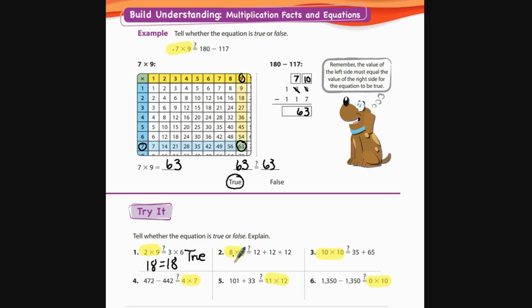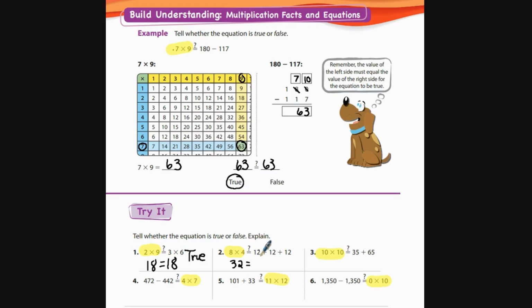For this one, I chose 8 times 4. It doesn't matter which side you choose. I just preferably chose 8 times 4 instead. So if I did 8 times 4, that's going to give me 32. So I'm going to write 32 equals. Now, remember from the last page that we did, we have 12 3 times.